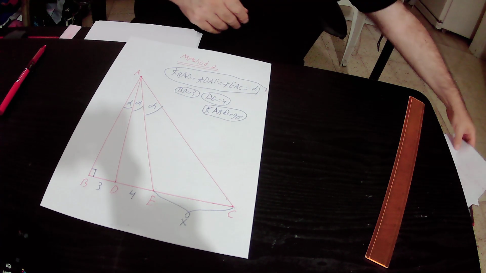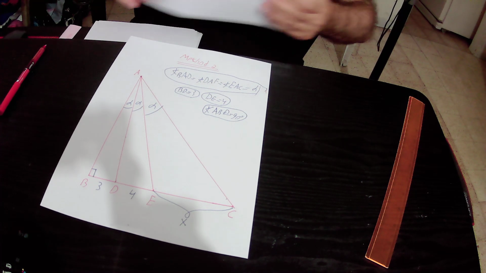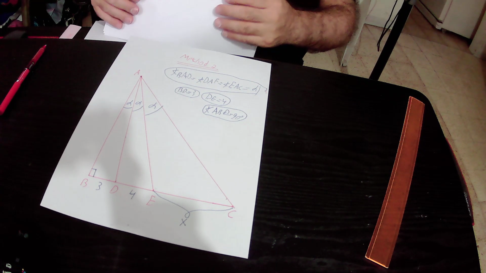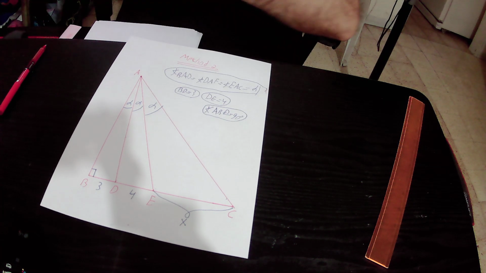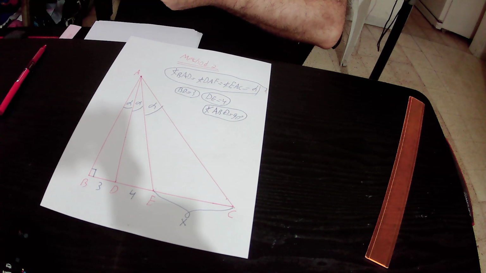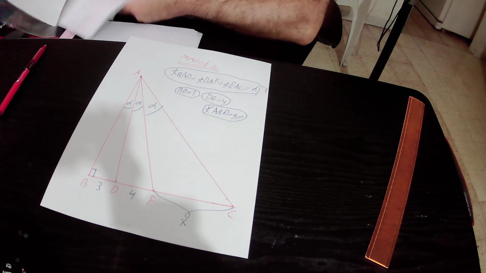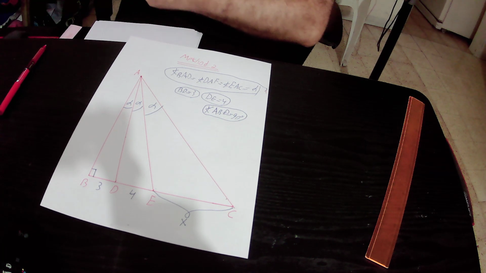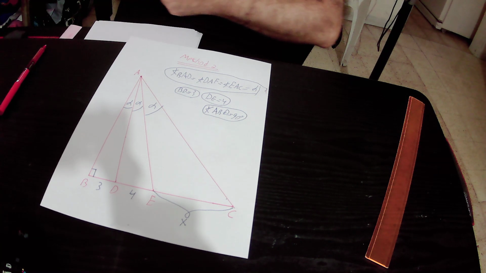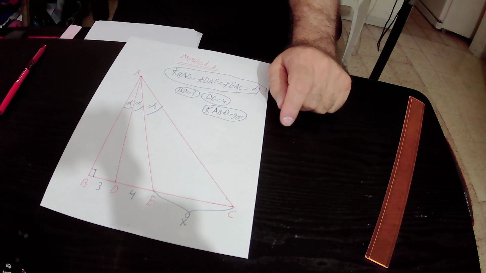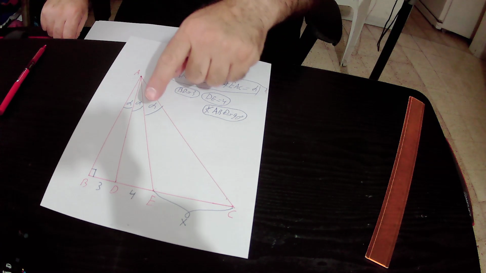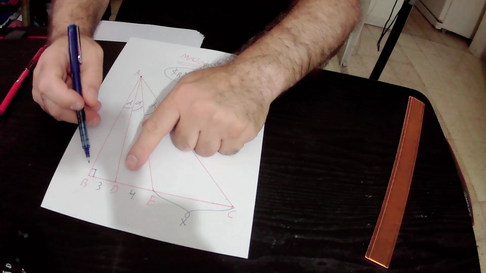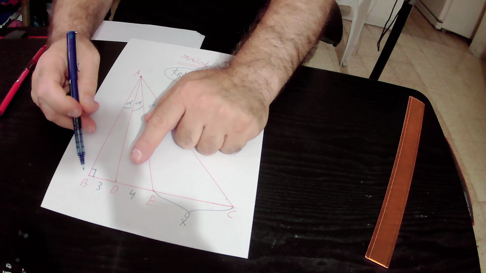So we will find out the size of EC, which equals x, according to the second method. Actually, in the second method, we will do a construction. We will extend BD by 3 units.